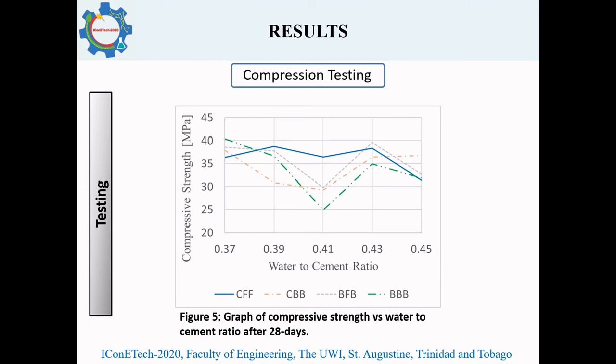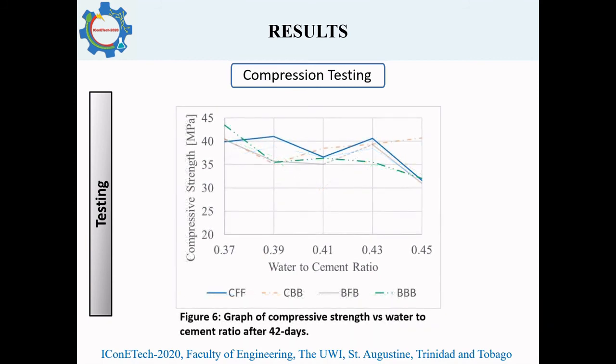Exceptions to this were the BFB 43, which was designed at 39 megapascals and tested at 39.6 megapascals, and CBB 45 and CFB 45, both designed at 37.5 megapascals and tested at 37.9 megapascals and 40.9 megapascals respectively.